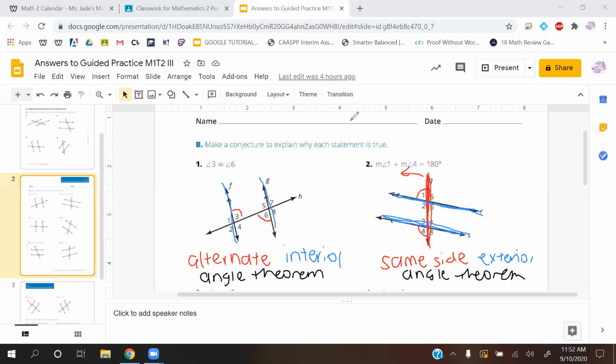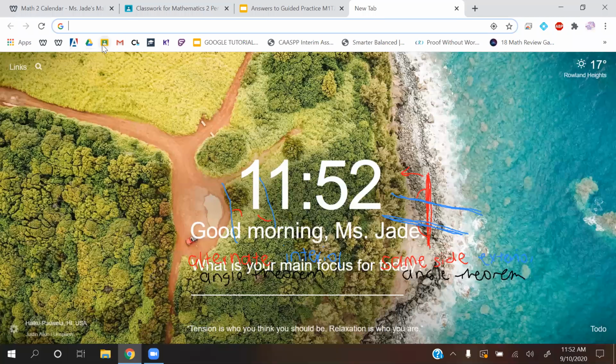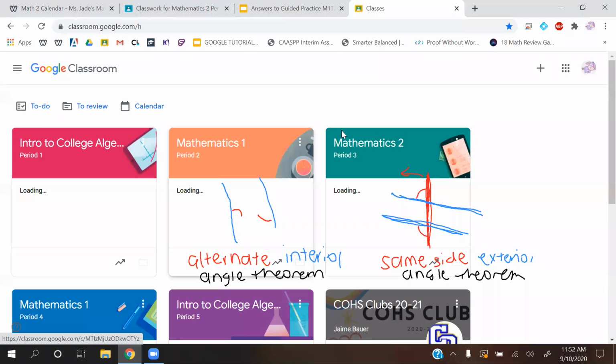Can you explain why it's angle theorem again? Oh, okay, so here, let me show you. I'm going to have to open a new tab. I know you'll still see the annotations. Just give me a moment. I'll show you why.